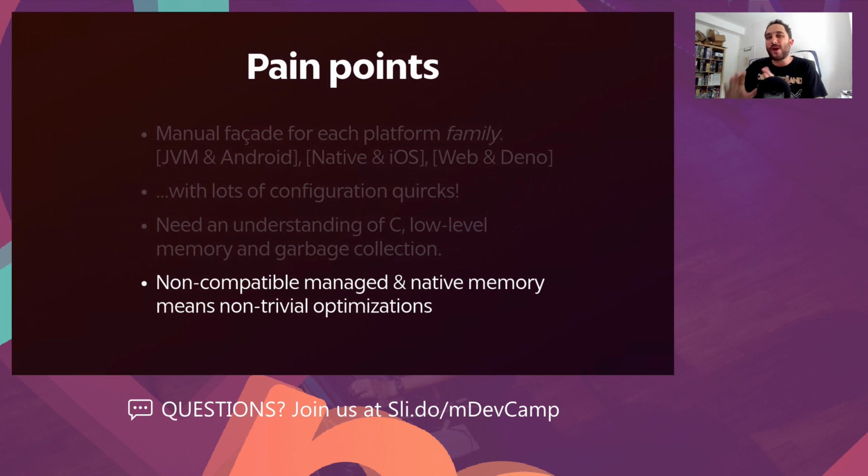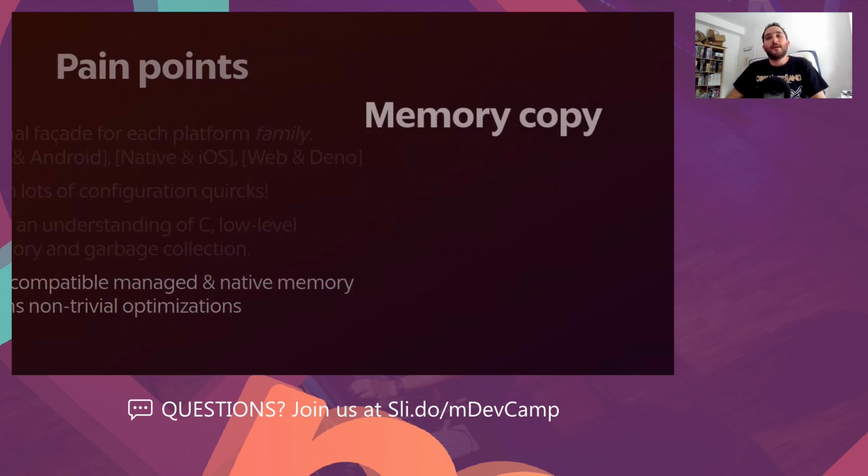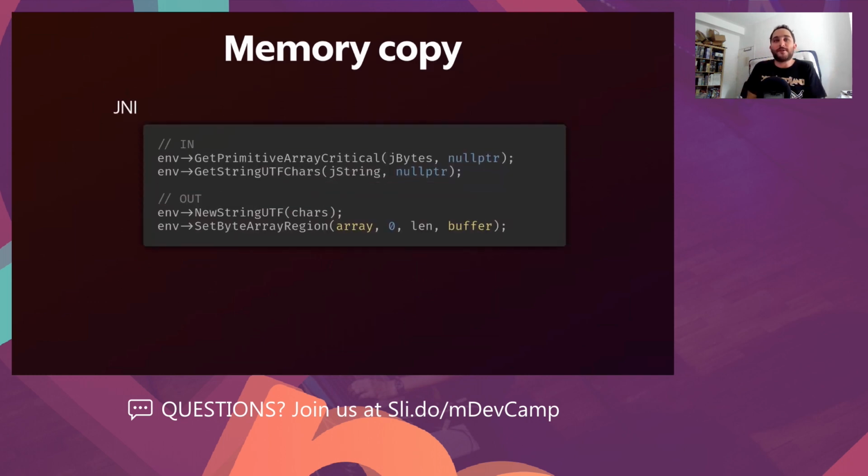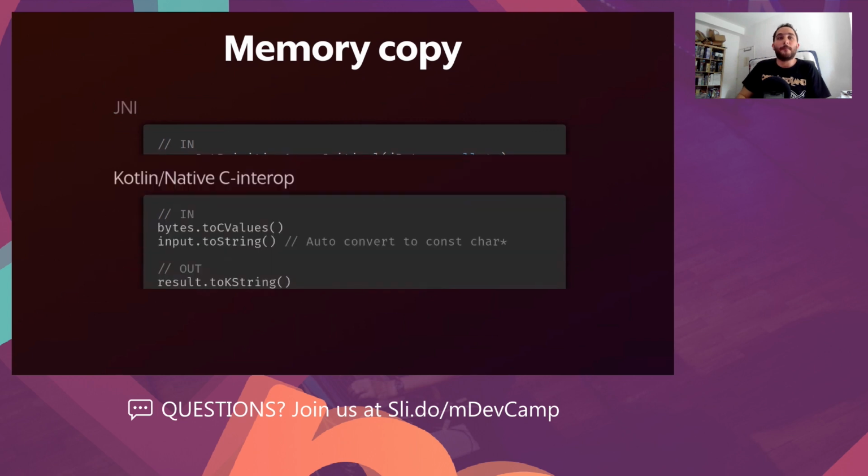So let's quickly go over some examples. For example, memory copy. Every time you pass memory from the managed environment to the native environment and back, there is memory copy. For example, JNI does this with its own function. When you create a string, when you read a string, it in fact creates new memory and copies the values because it's not the same encoding, it's not the same alignment.